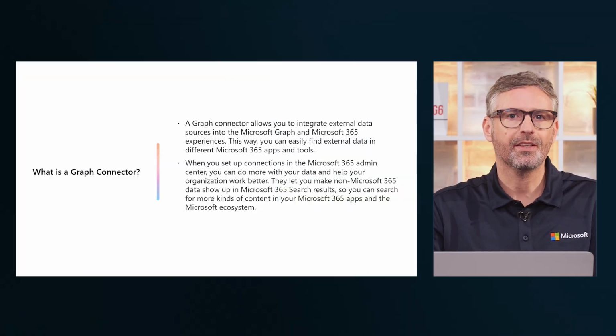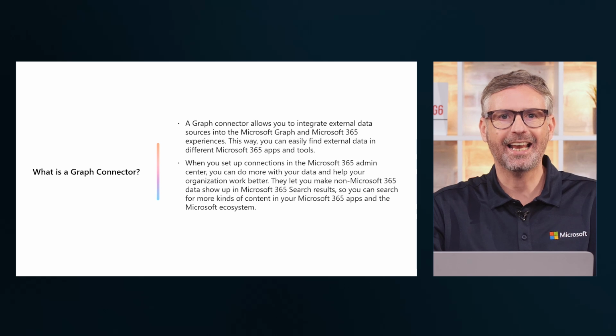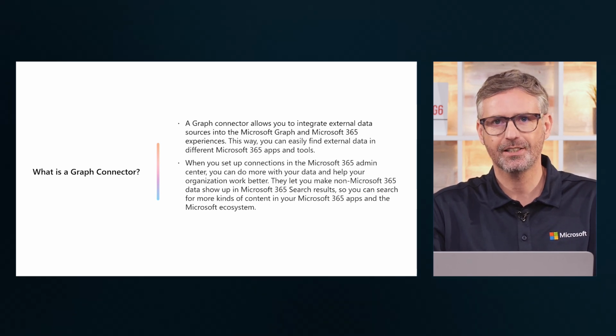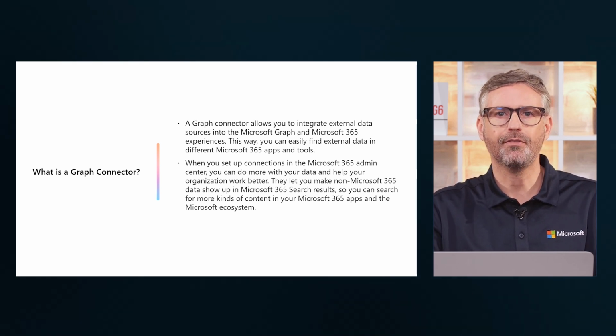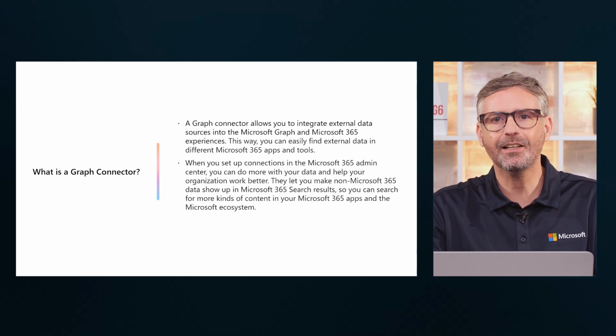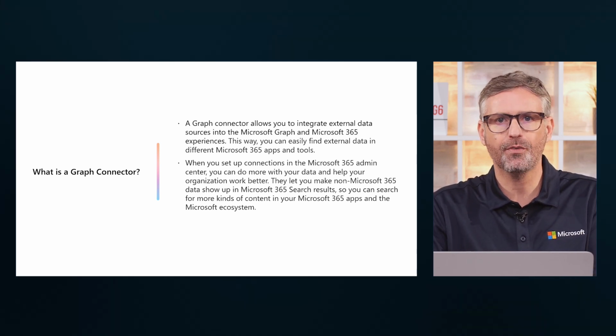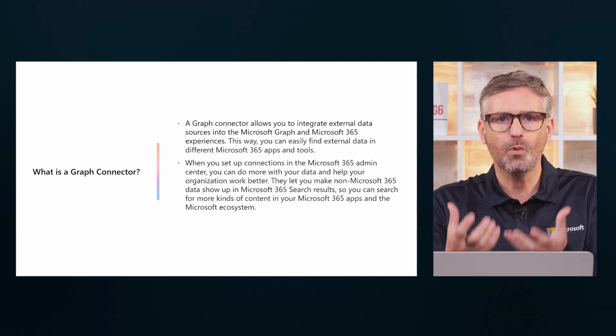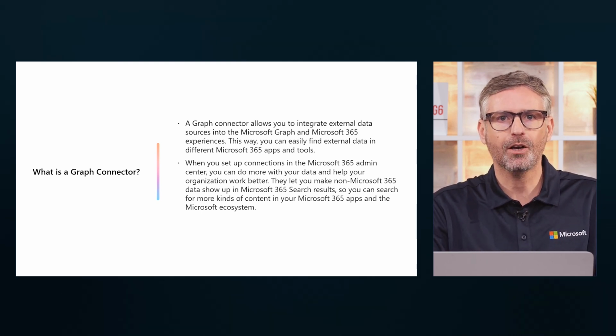As mentioned, with graph connectors, we can integrate external data sources into the Microsoft Graph and Microsoft 365 experiences in order to let you make non-Microsoft 365 data show up in your Microsoft 365 search results.